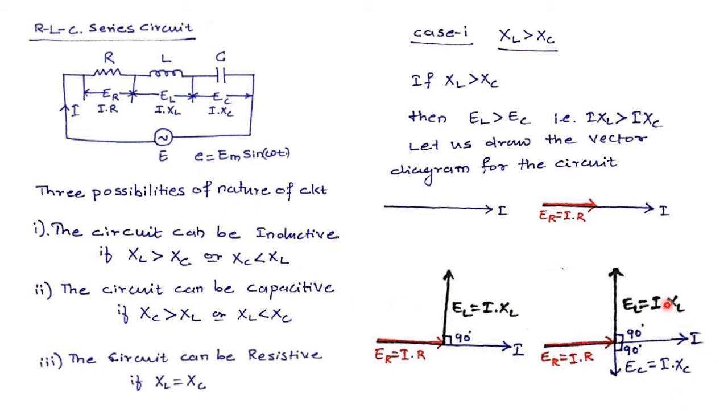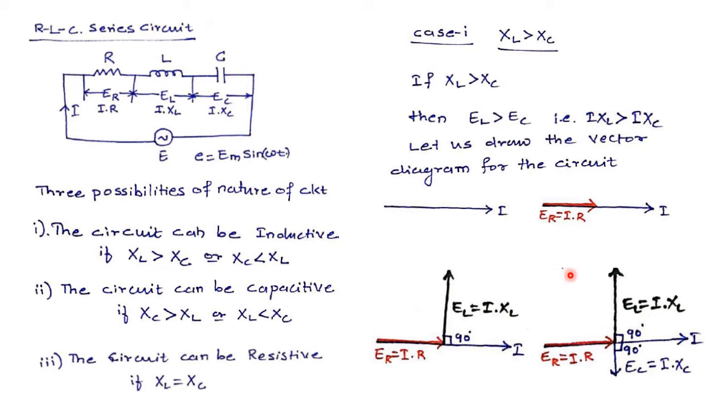So please note the vector EL is longer than the vector EC, because it is the first case consideration where XL is considered greater than XC. Hence EL is greater than EC, I into XL is greater than I into XC. Therefore, to represent this greater than relation, the magnitudes of the vectors should also be represented accordingly. I simply cannot take the lengths of these two vectors equal, or the length of EL less or the length of EC larger than EL.